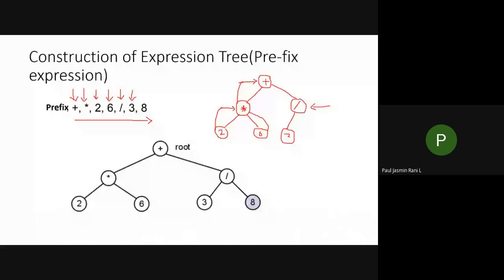Okay. So after entering this 3, what happens? In order to enter this 8, this is an operand, that is a leaf node. So I have to backtrack to this parent node. For this parent node, the right child is vacant. So I have to create another node, and I can put this element over here.